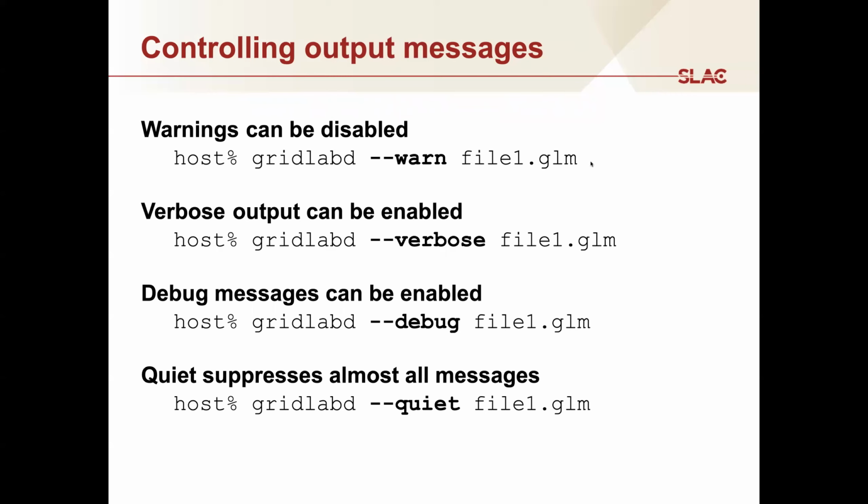And then I can add another --warn afterwards to re-enable warnings after that file is loaded, meaning when the simulation starts and runs. So this feature allows you to control which mode is used at which stage of the process of loading, initializing, and running the simulation.